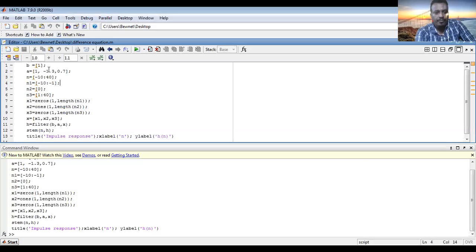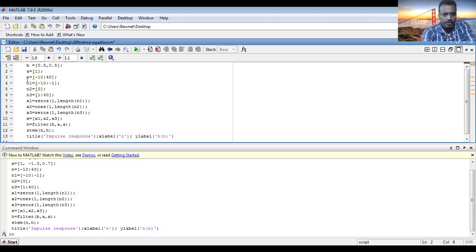B is the input side, so 0.5, 0.5. On the output side there is only y of n, so the coefficient will be 1. A is the coefficient of the output.